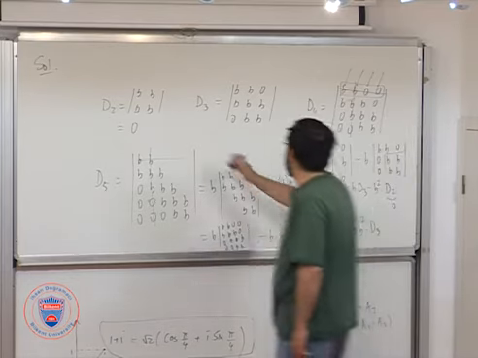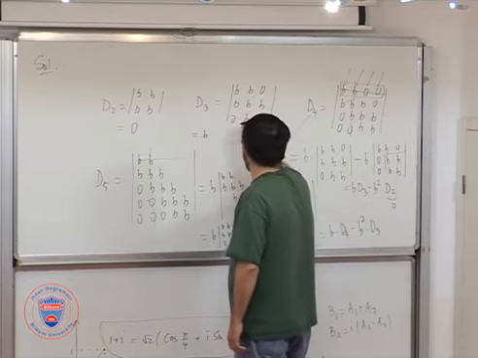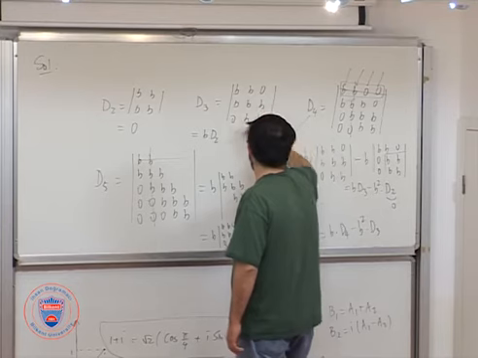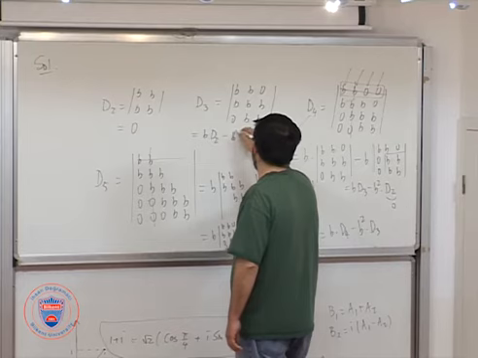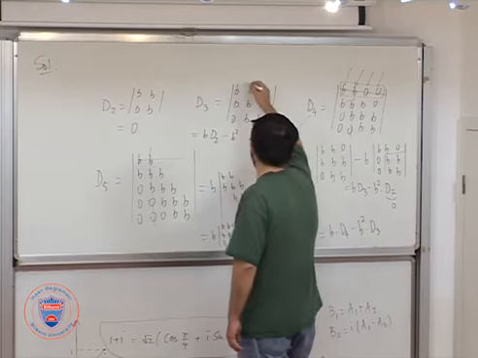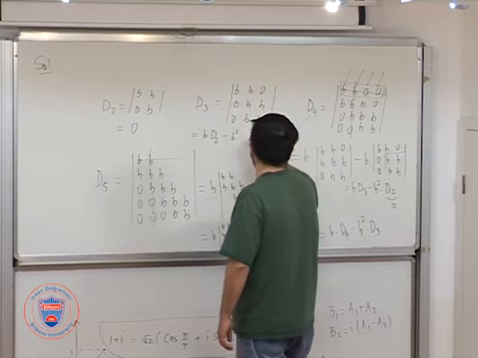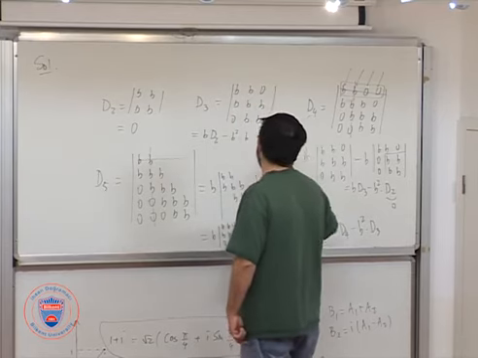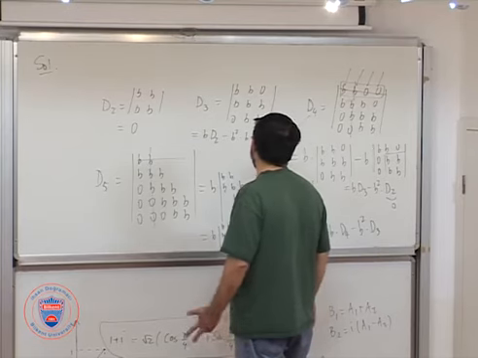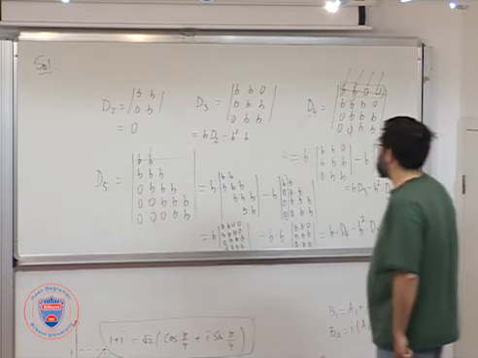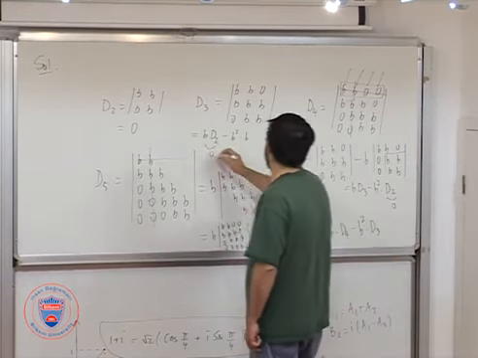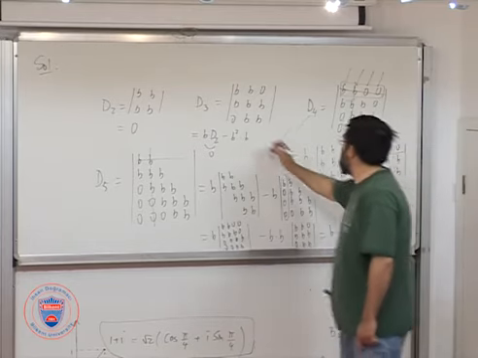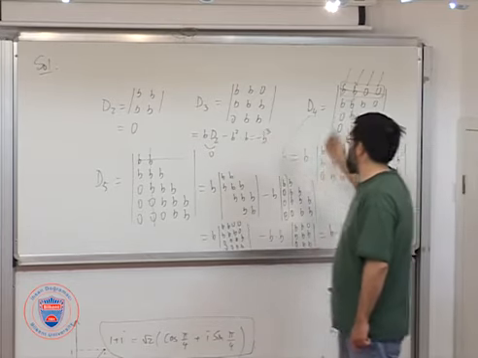So, for example, this is going to be b times D2, and then we don't have D1, so it's going to be b squared times b. This is 0. So this is actually minus b cubed. So you can calculate it if you want.